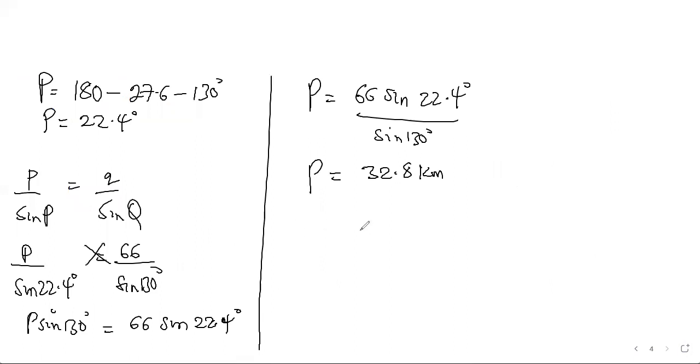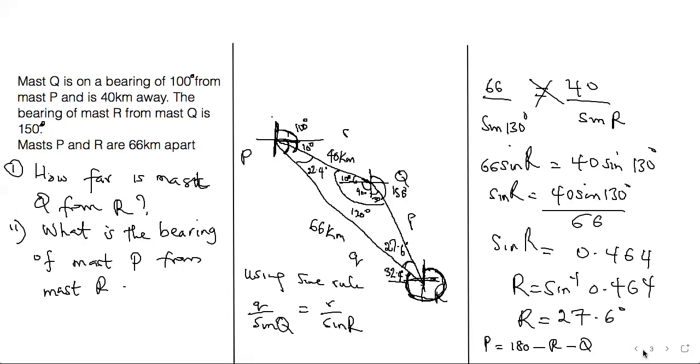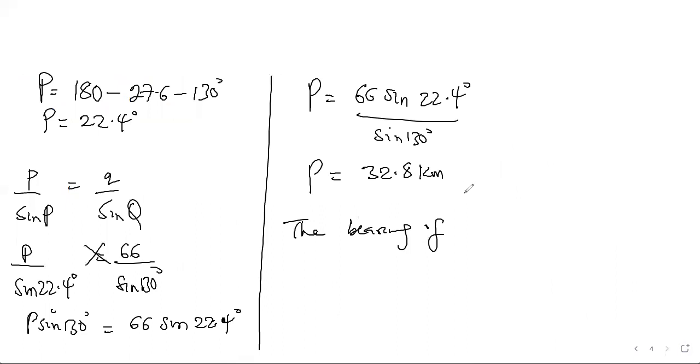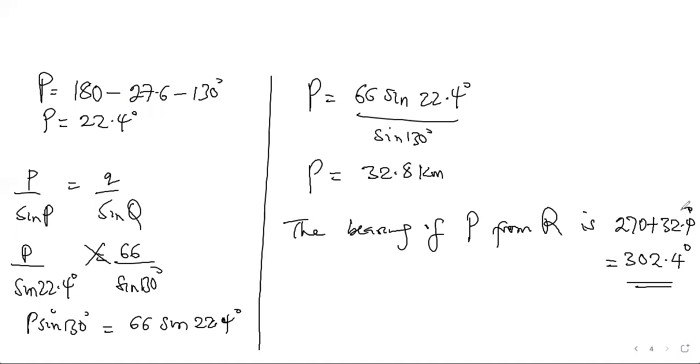The bearing of P from R is 270 plus 32.4, and that gives us 302.4 degrees. Okay, so we stop there, and I'll see you in the next video. Bye bye.